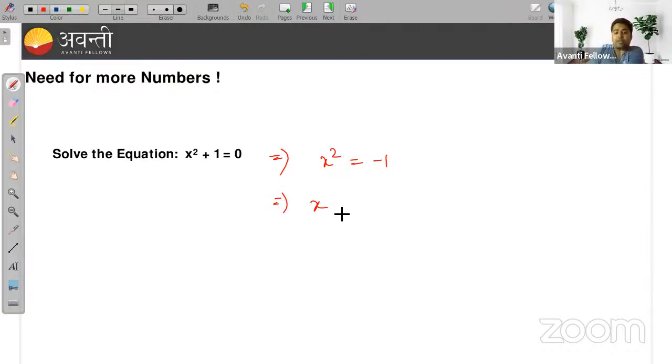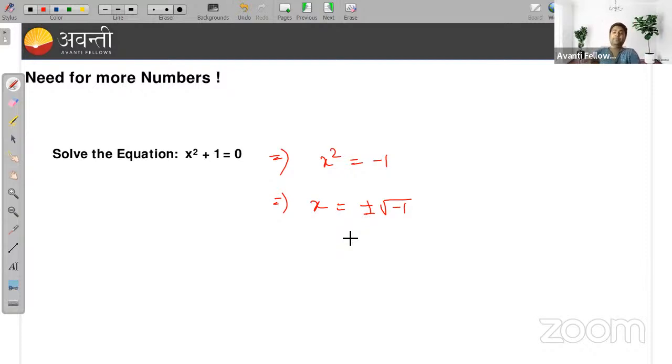The x becomes plus or minus square root of negative 1. But we don't know how to evaluate the square root of some negative number. Is that clear? Till now, we don't know how to evaluate the root of some negative number.